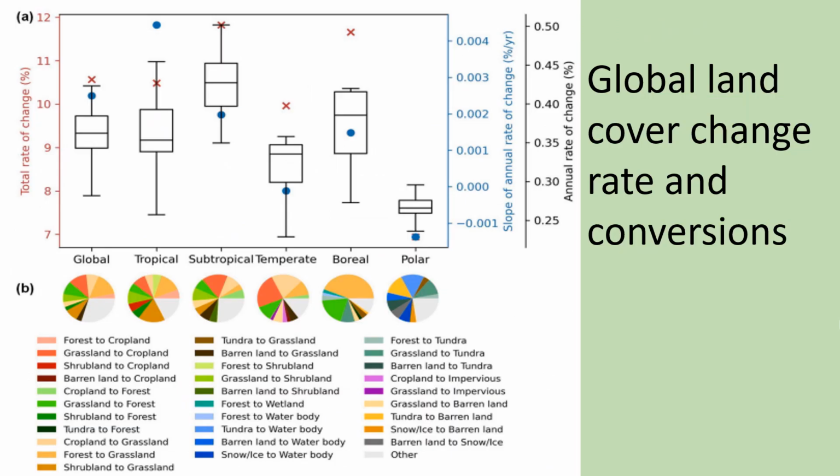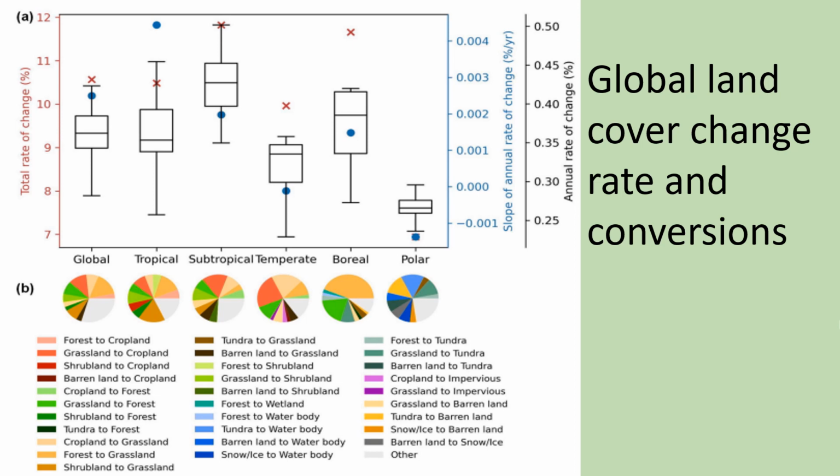So here we have another chart. This is global land cover change rates and conversions. So this one's kind of cool. The pie charts in the middle are showing you how much percentage-wise the color code is, and at the bottom you can find the right color for what piece of the pie you're looking at.